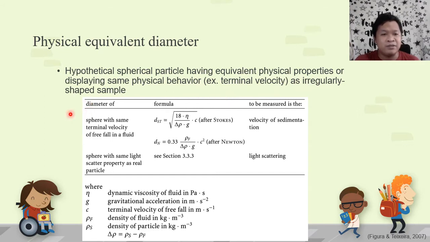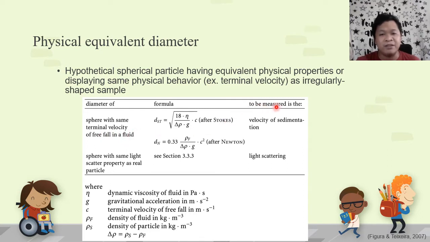So an example of this would be if your physical behavior is terminal velocity, you would want a spherical particle that would exhibit the same terminal velocity as kung ano man yung hugis ng particle dun sa system mo. Okay?